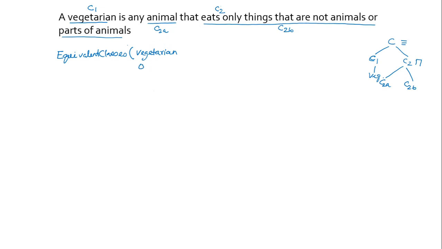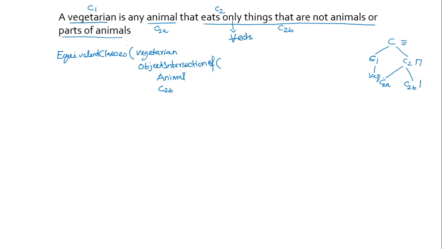So C2 is an object intersection of two things. C2A is animal, followed by C2B. Now how do we write C2B? C2B will involve all values from restriction, and the restriction would be on eats.